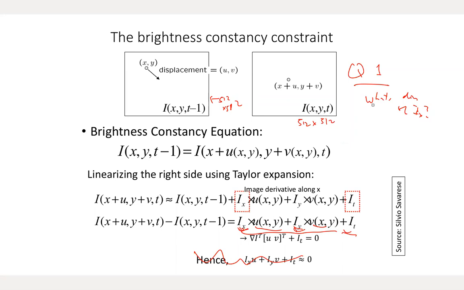Let's say these two images have to be the same dimension. The first one is 512 by 512, and the second one is also 512 by 512. Now the question is, what is the dimension of Ix?